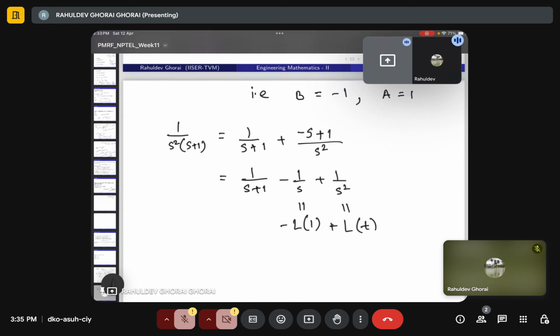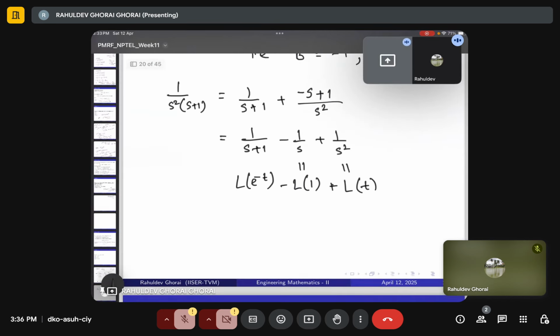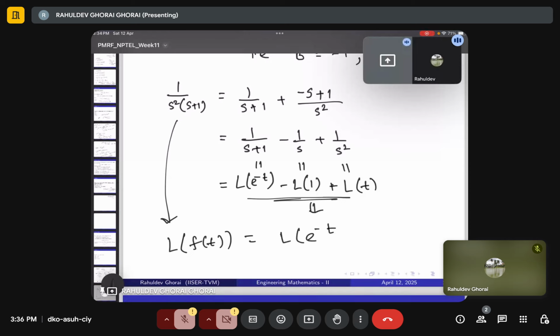What about this 1 over s plus 1? If you remember it correctly, it will be L of e to the power minus t. What you get? 1 over s square times s plus 1 was, so mainly this is equal to this. But 1 over s square plus 1 is given to you that this is L of f of t, and that is equal to this whole thing, L of e to the power minus t minus 1 plus t.